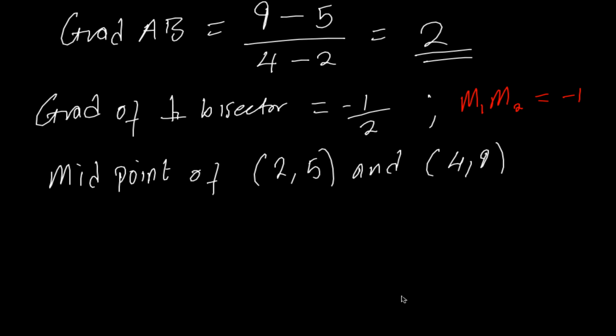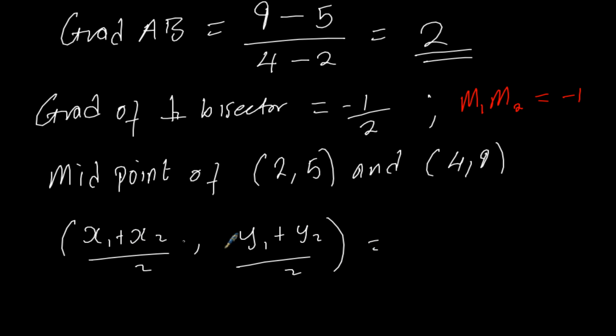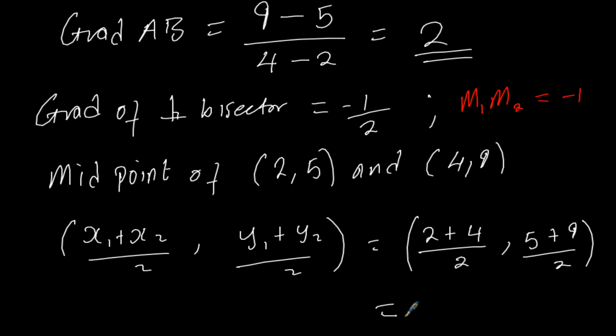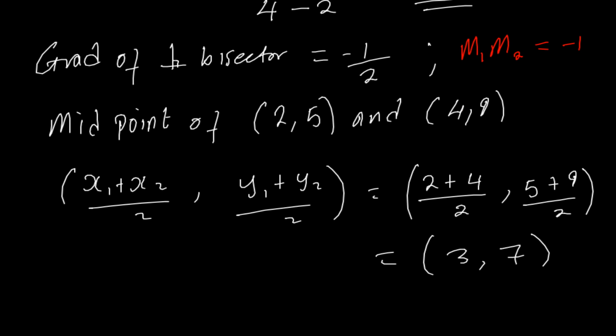So for the midpoint, we use the formula (x1 plus x2) over 2, (y1 plus y2) over 2. So that will be x1 is 2, then x2 is 4, divided by 2, then 5 plus 9 divided by 2. So our midpoint will be (3, 7). So this is the point where the perpendicular bisector passes.